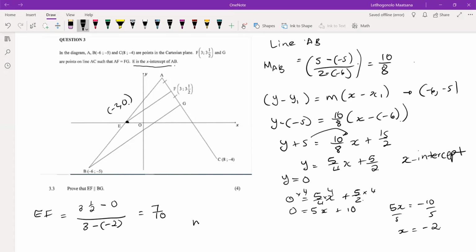Now the gradient of EF is equal to the gradient of BG, which is 7 over 10, and that tells us that the line EF is parallel to the line BG.